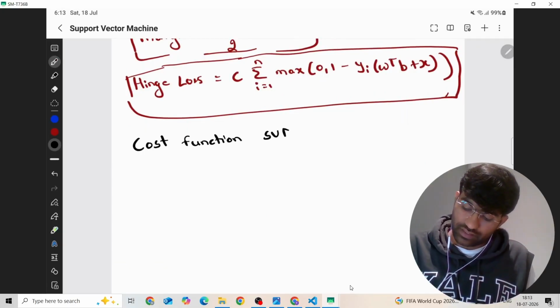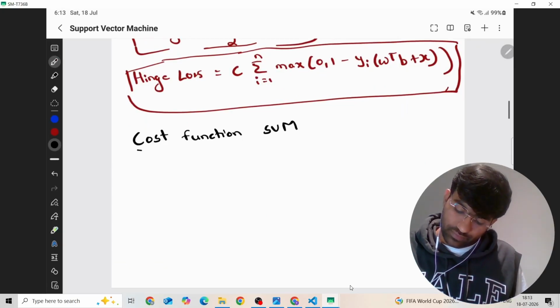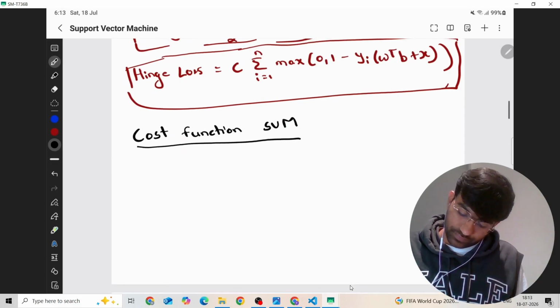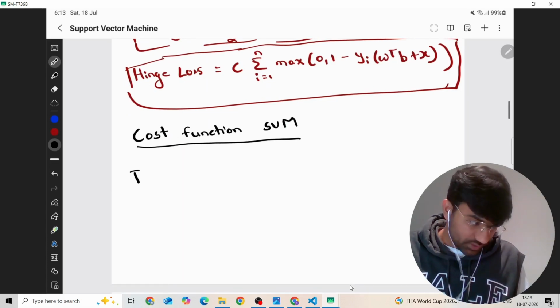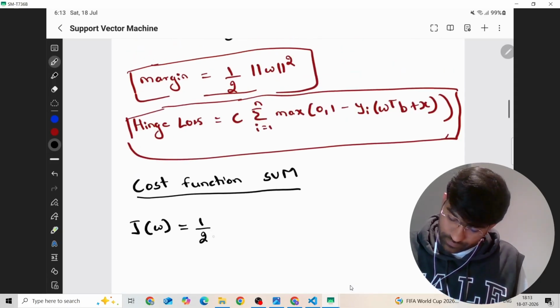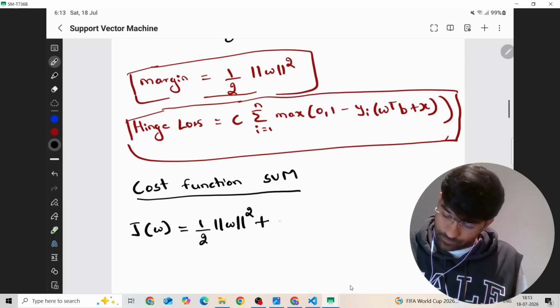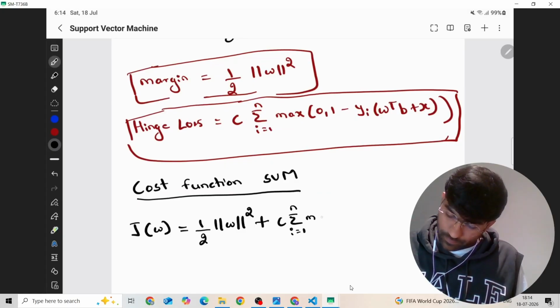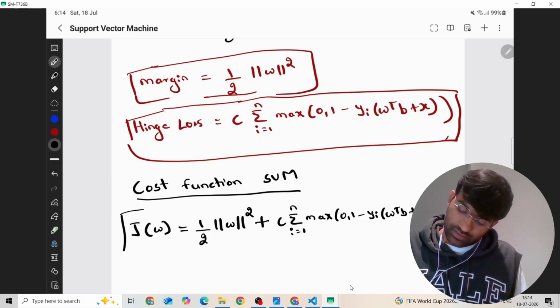So my final cost function for the support vector machine will be J of W equal to this.